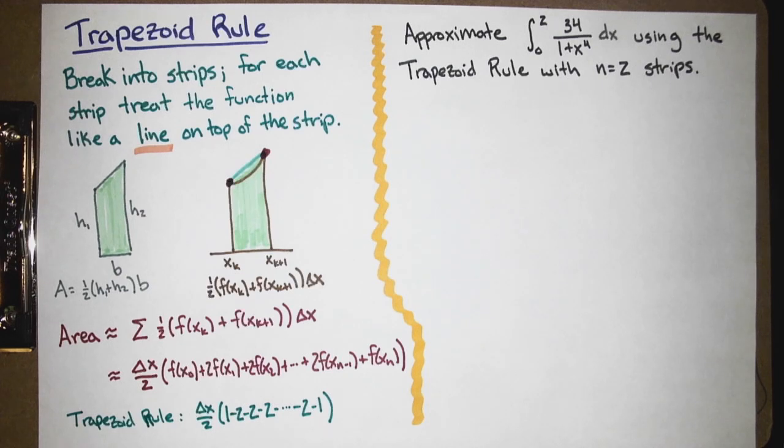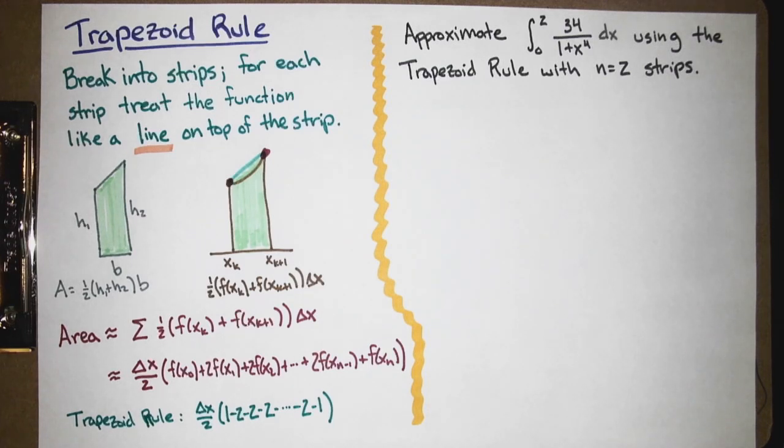Now that's not unreasonable. One of the things that we often think about, and we say over and over in Calc 1, is that when you look close, functions look flat. They look like lines. So it's not an unreasonable way to go about it.